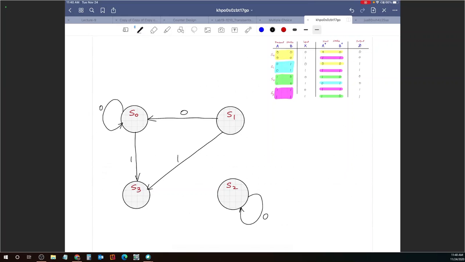State 2, you get a 1, where do you go? S1. State 3, you get a 0, where do you go? State 3. Oh, sorry, 0. State 3, you get a 1, where do you go? State 2 is right.